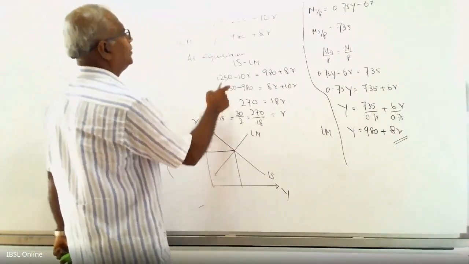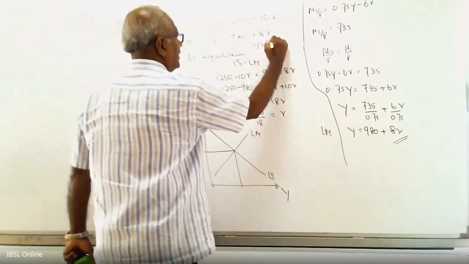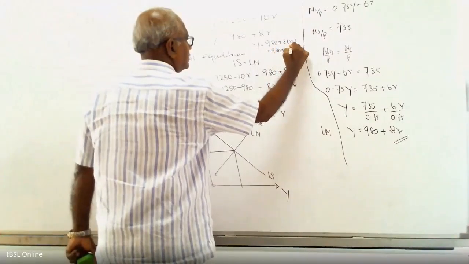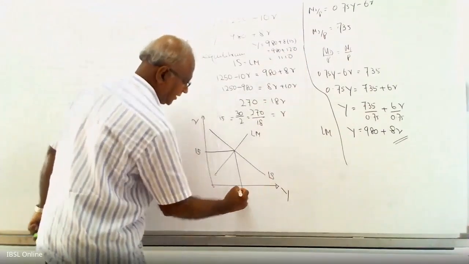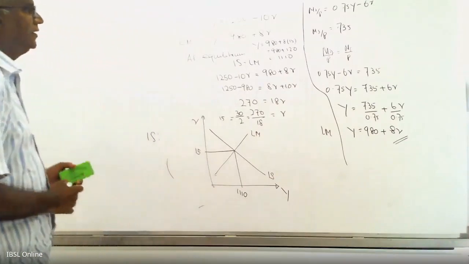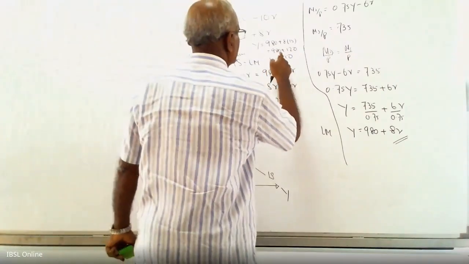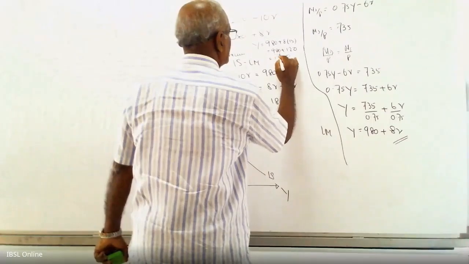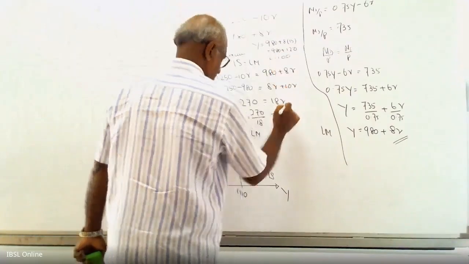You substitute 15 into one of these equations, the LM curve: Y equals 980 plus 8 into 15, that is 980 plus 120, which is 1100.